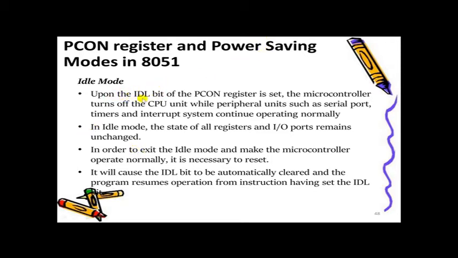In idle mode, when the idle bit of the PCON register is set, that means it is set to 1, the microcontroller turns off the CPU while the peripheral units such as serial ports, timers and the interrupt system continue operating normally.